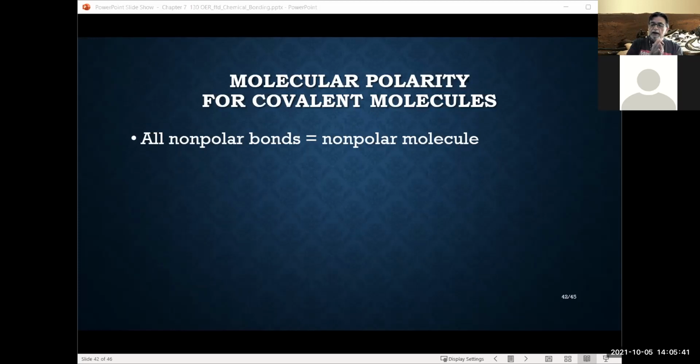Now, as a general guideline, which is roughly 100% true, when a molecule has all non-polar bonds, it ends up as a non-polar molecule. Let me do an example real quick. All right, let's do methane.